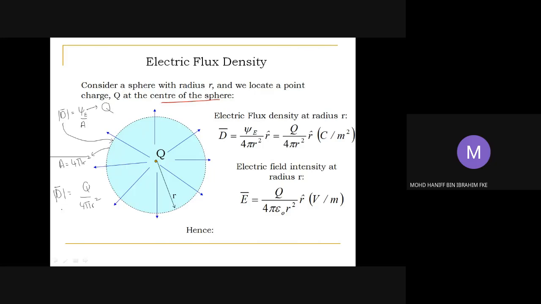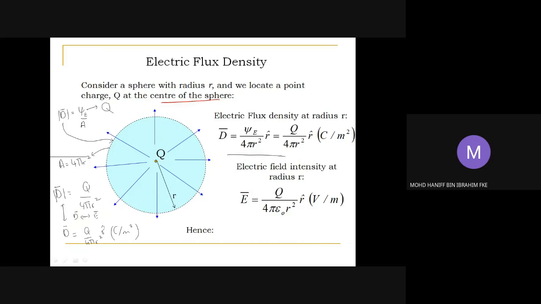As we have learned previously, the direction of D should be equal to the direction of the E field. So the D vector shall be equal to Q over 4 pi r squared, in the direction of R, in units of coulombs per meter squared, which is similar to what we have here in your slide.